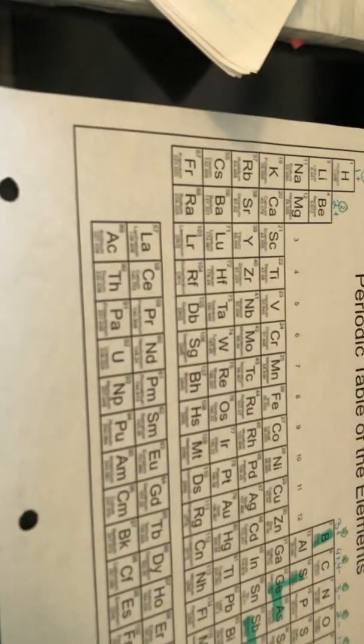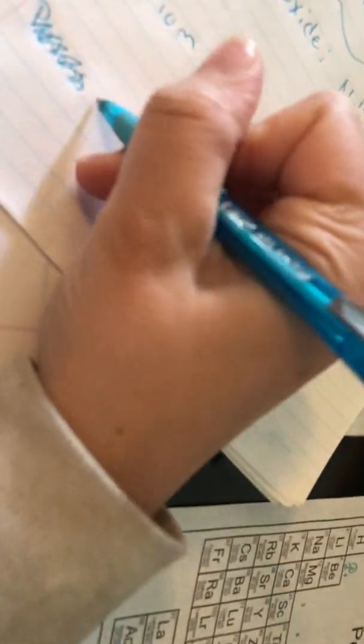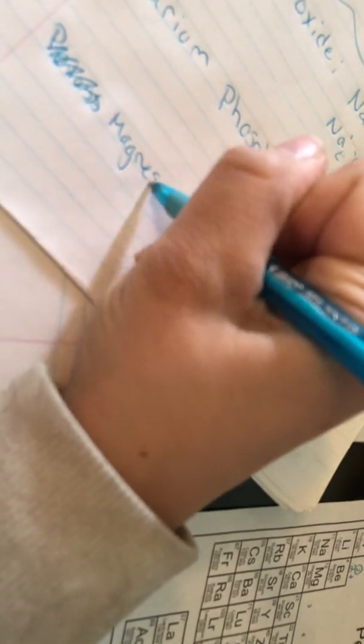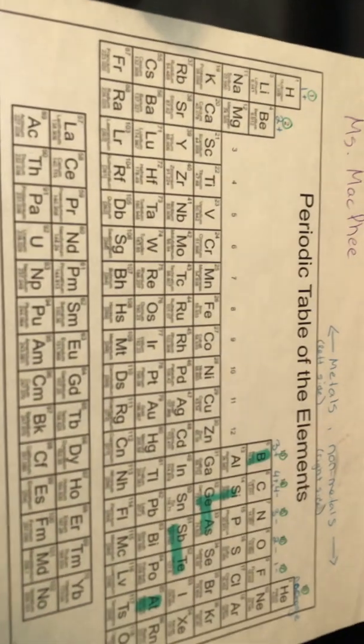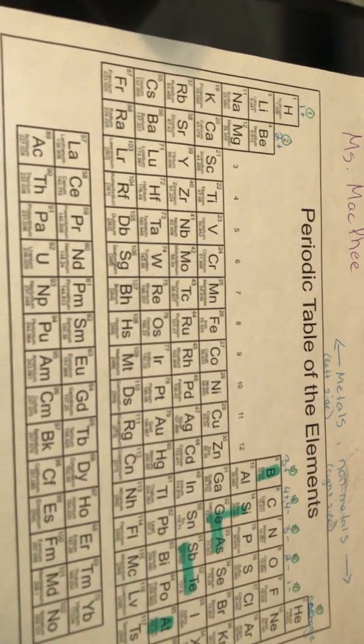So we'll do potassium bromide. Actually, I don't like that one. Let's do magnesium selenide. I think I spelled that right.